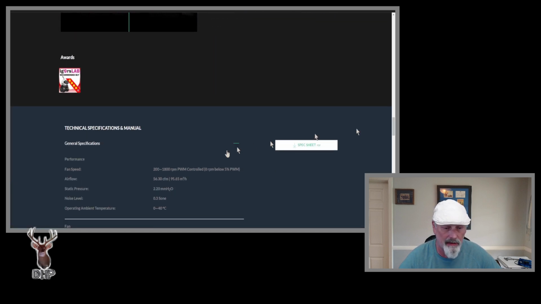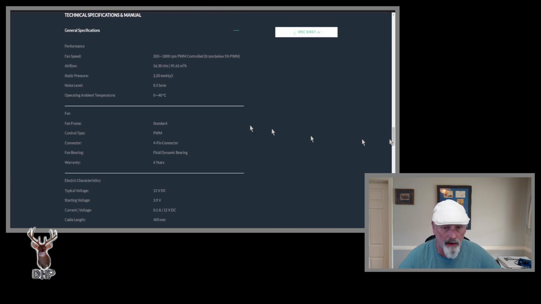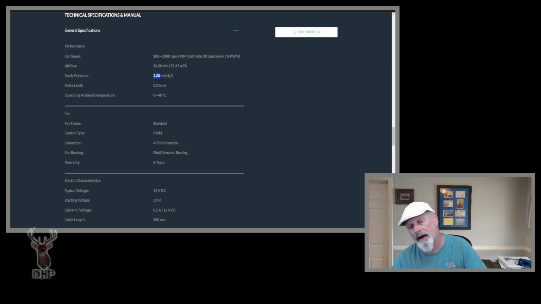We come down here to the technical specifications. Okay, I've already opened them up. What does it say here? Airflow is 56, so they're just about parallel with the other 120 millimeter fans. It's got pretty decent static pressure, 2.2 millimeters of water for this type of fan.